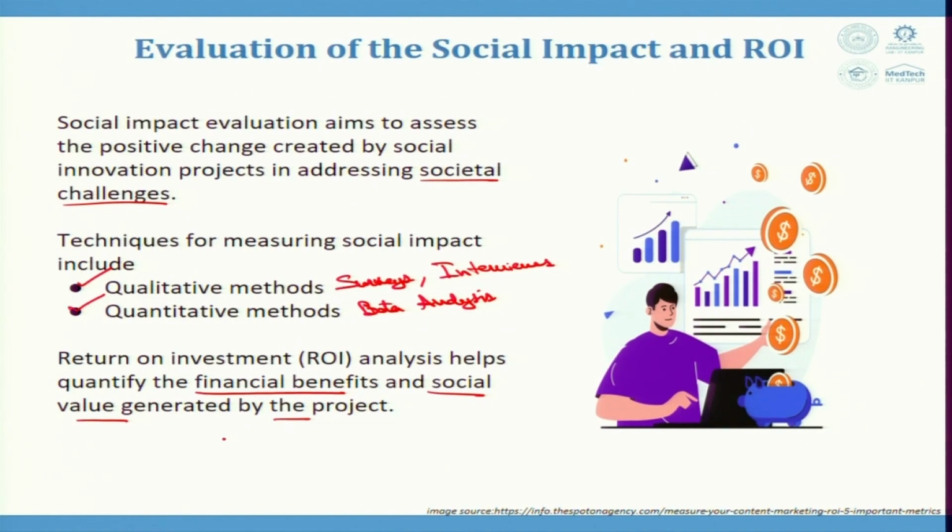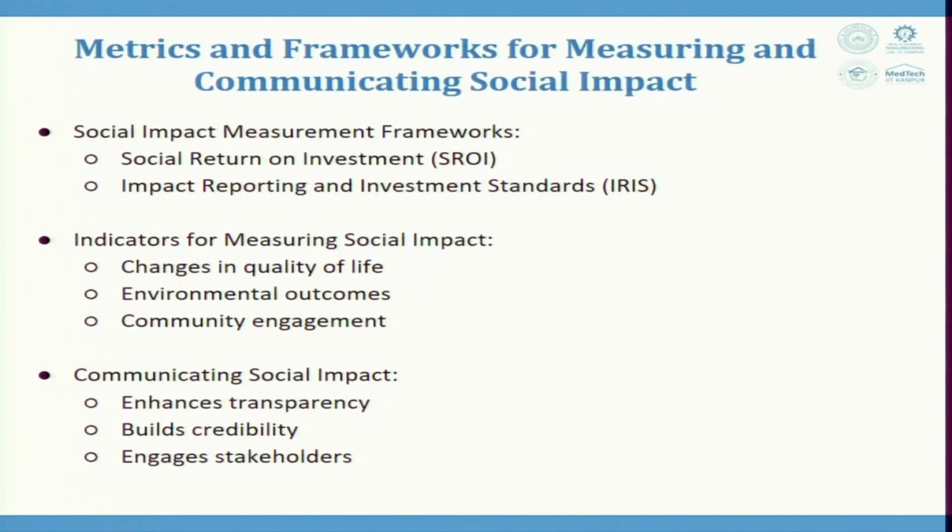Now, this is return on investment in general that we are talking about, and we are also trying to connect it to social impact. When we connect it to social impact, this is known as social ROI. Social ROI is nothing but the social value generated by an organization or project relative to the resources which are invested.